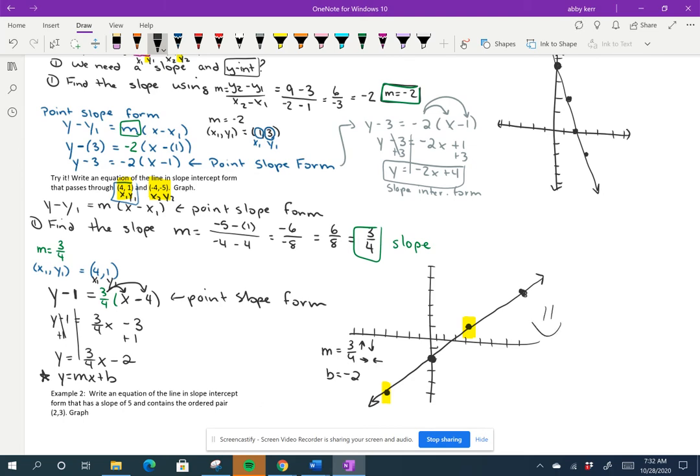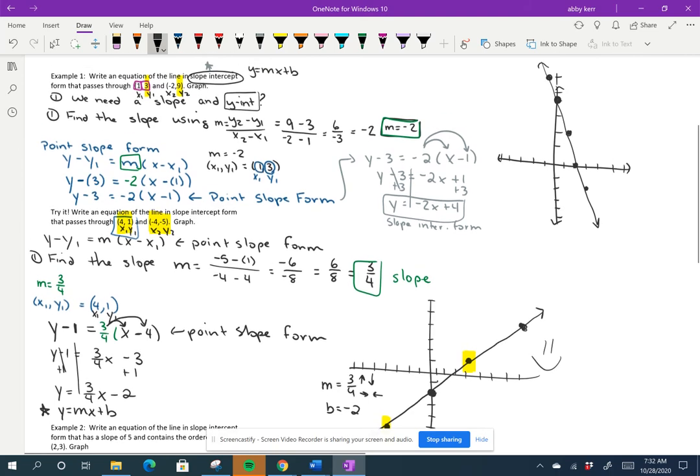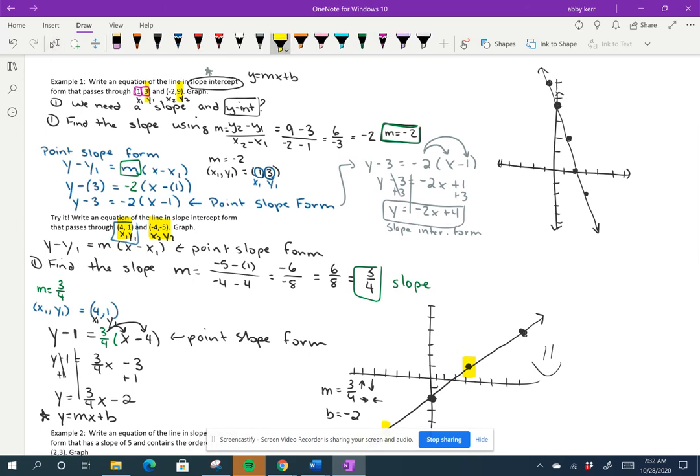So since I do, we're good to go. You can even notice that in this above problem, 1, 3 is located right here. And then if I would have kept going, negative 2, 9 would be on that line too. I just didn't go one more location.